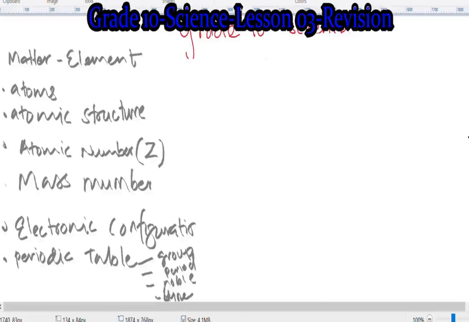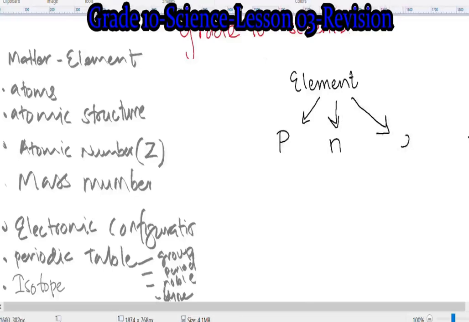The next thing we're gonna learn is, we already learned, revise, is the isotope. Now what on earth is an isotope? Remember, if you take an element, you have protons, neutrons, and electrons.